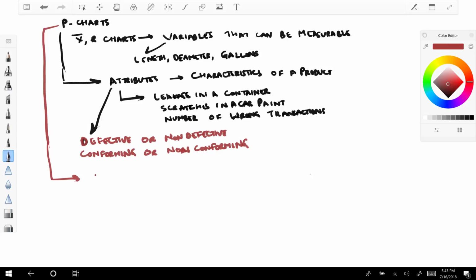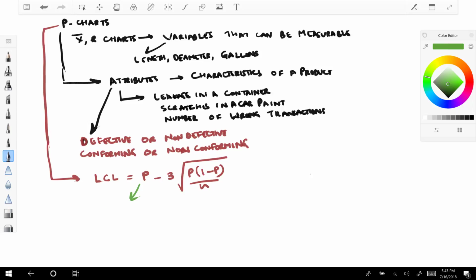We will have a lower control limit, which is represented by LCL. The formula for the lower control limit would be P minus 3 square root of P(1 minus P) divided by N. Here P is the population proportion.